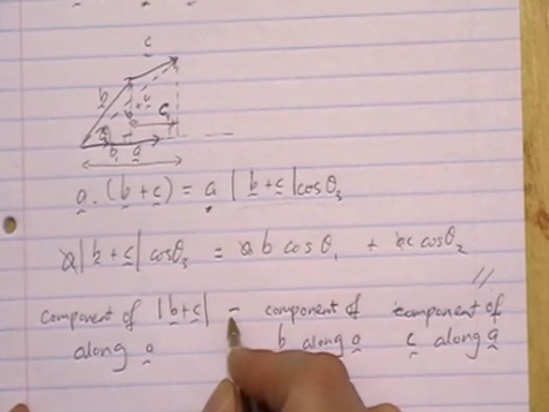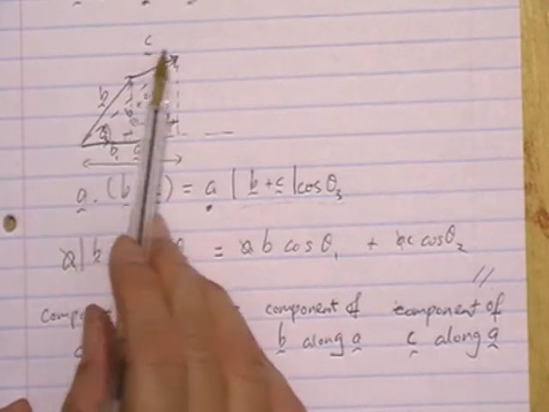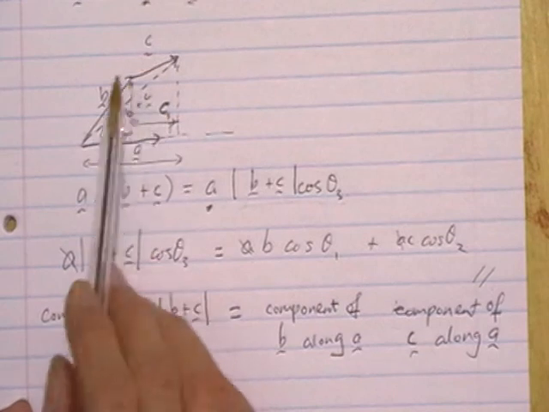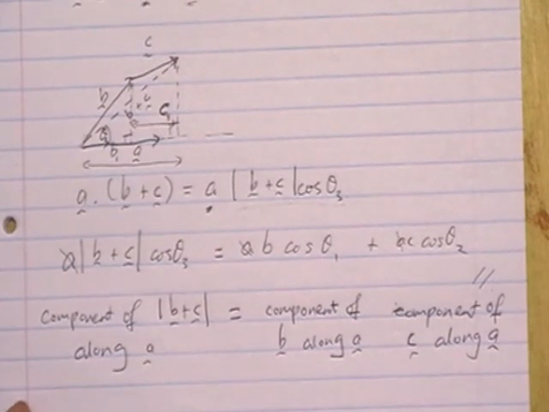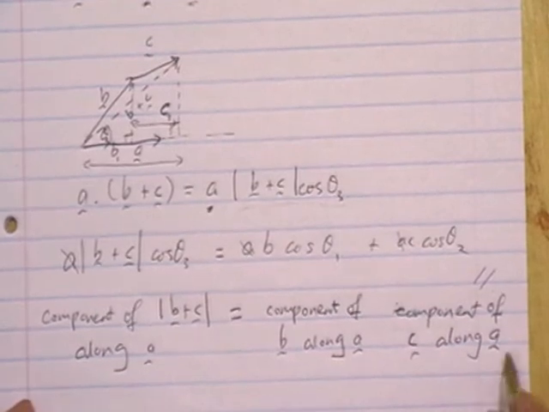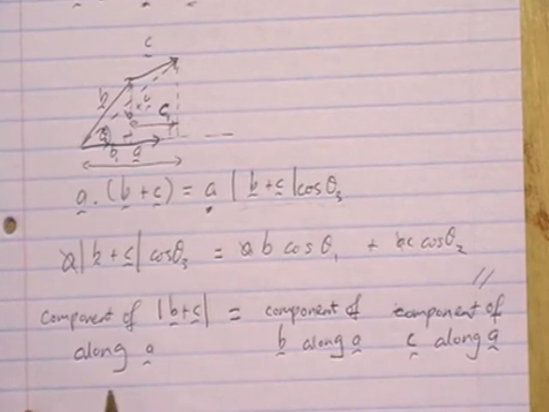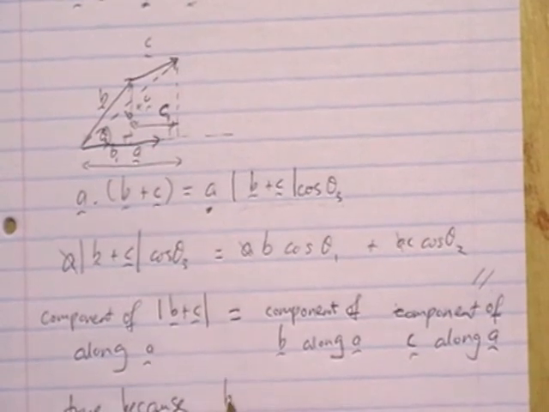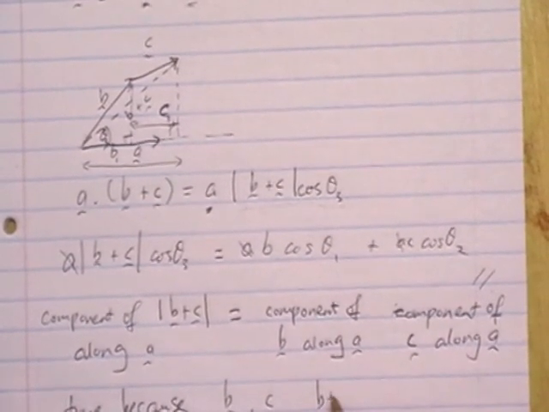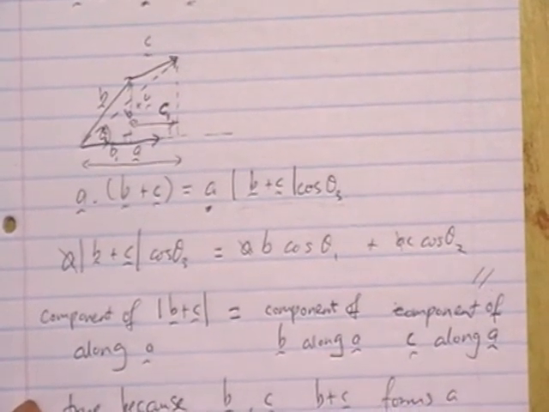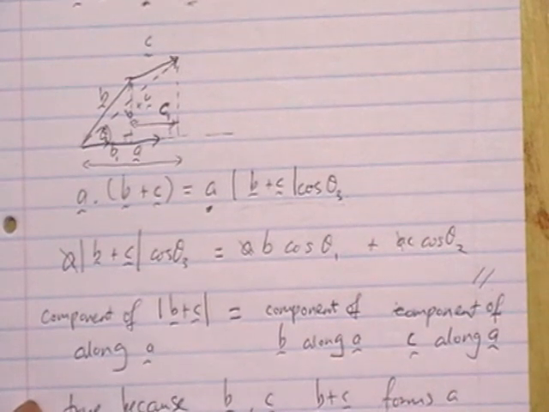So therefore they are equal according to this diagram, because B, C and B plus C form the three sides of this triangle. And this is true because B, C and B plus C form a triangle.